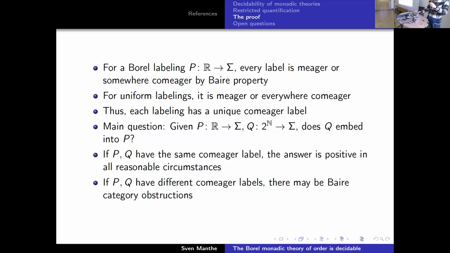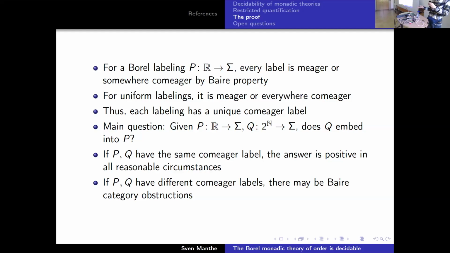And this will help us in answering the main question we actually need to answer, namely, given a labeling of the Cantor set, can we embed this labeling of the Cantor set into the reals with our given labeling? This labeling of the Cantor set will again have a unique comeager label, which could be different from our given one.